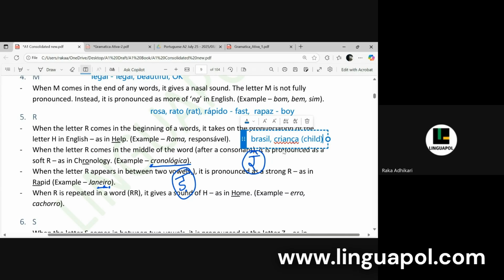In plural, we say crianças. Criança. It has an accent. You can see that this is CA. So the sound typically should be K. But we don't say crianca. We say criança because it is coming with the accent.